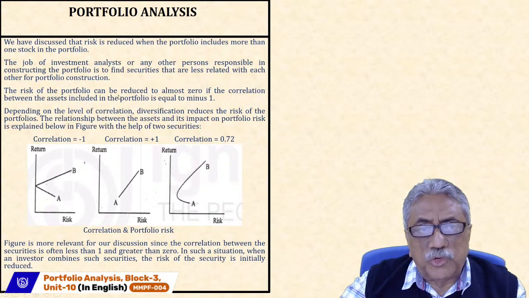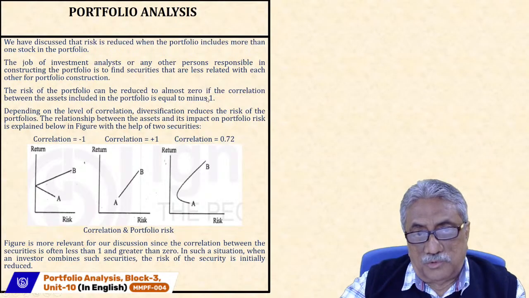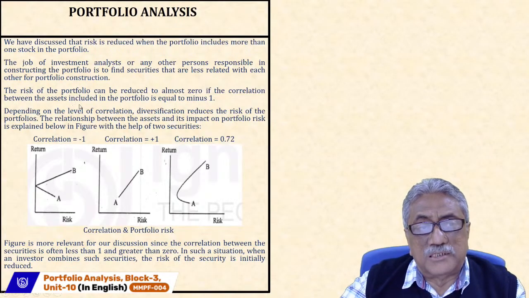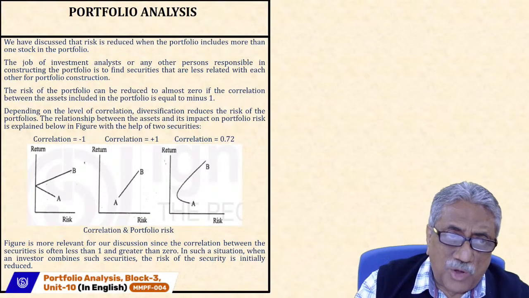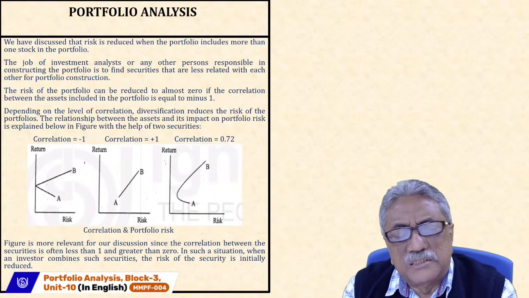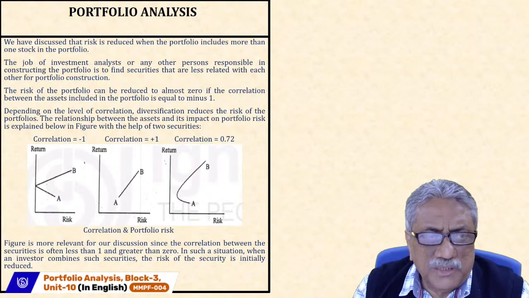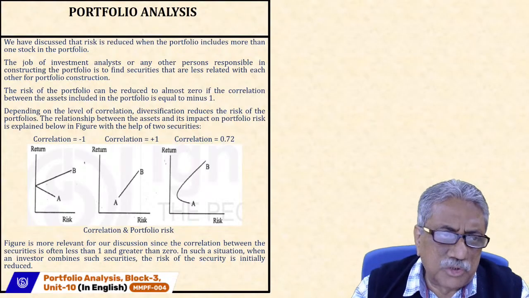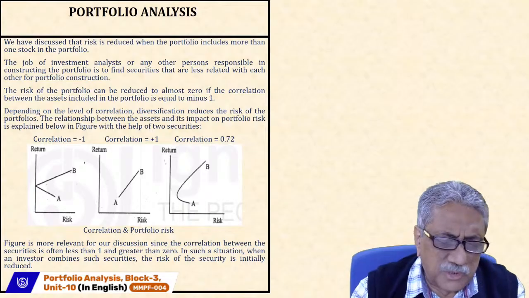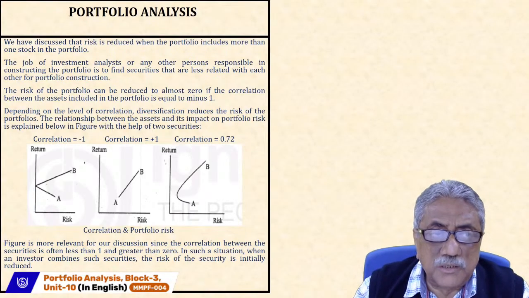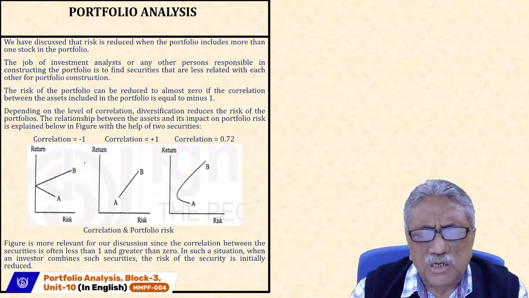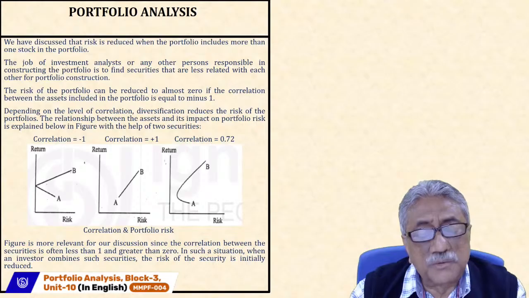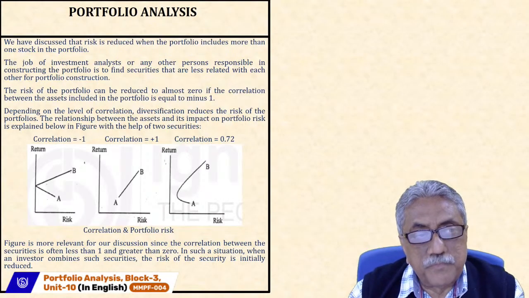The risk of the portfolio can be reduced to almost zero if the correlation between assets included in the portfolio is equal to -1. It's a hypothetical situation. If one is +1 and one is -1, that means there will be no risk. But it is hypothetical, because you cannot invest in the market without an element of risk.